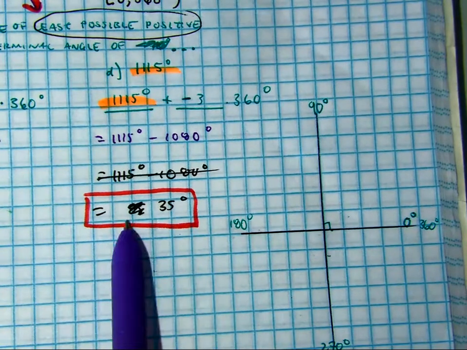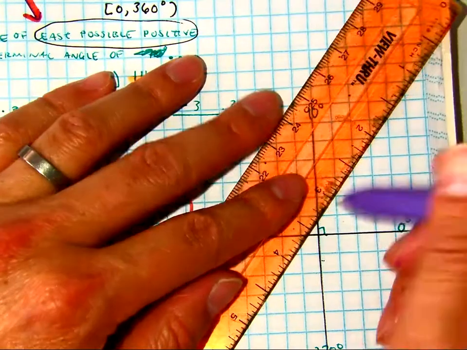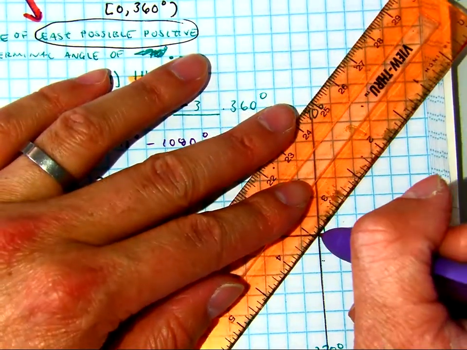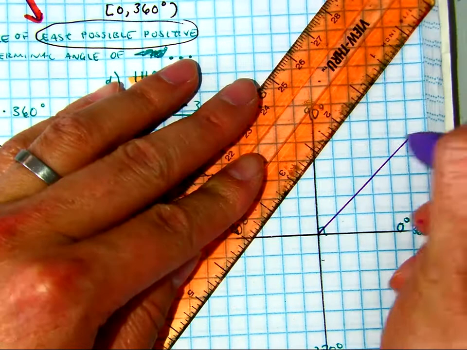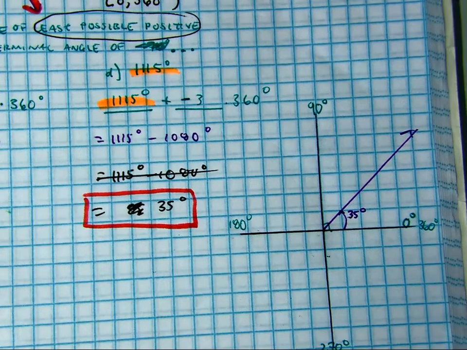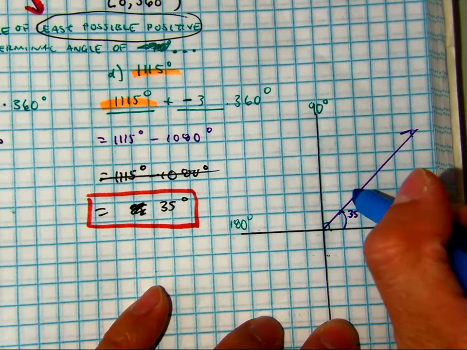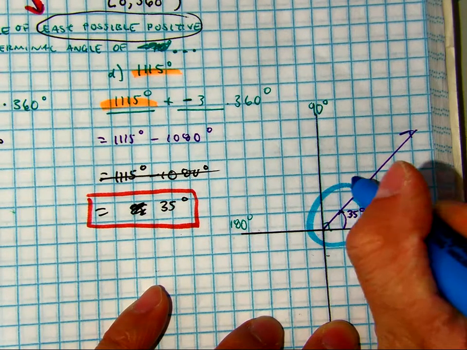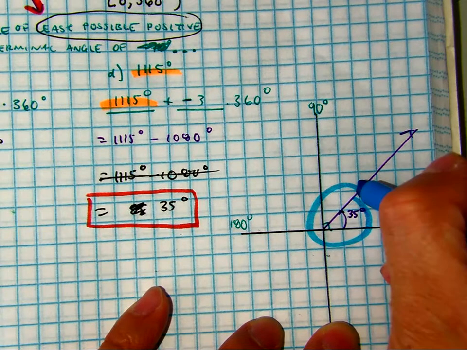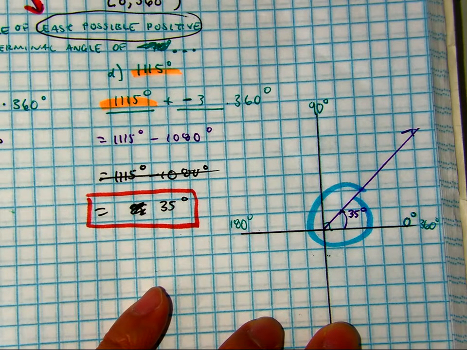Let's graph 35 degrees. I want to work backwards and I want to show you how it works. So here is 35 degrees. If I add 360 degrees to 35, I get 395.